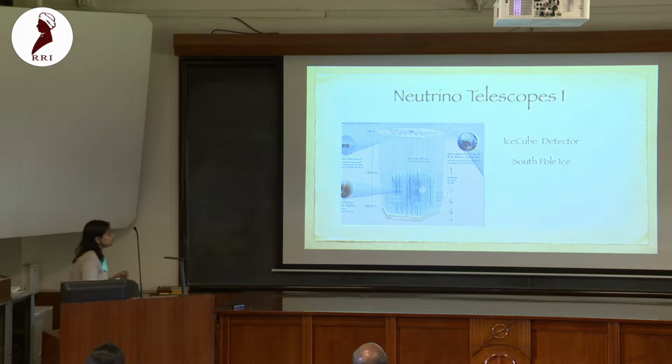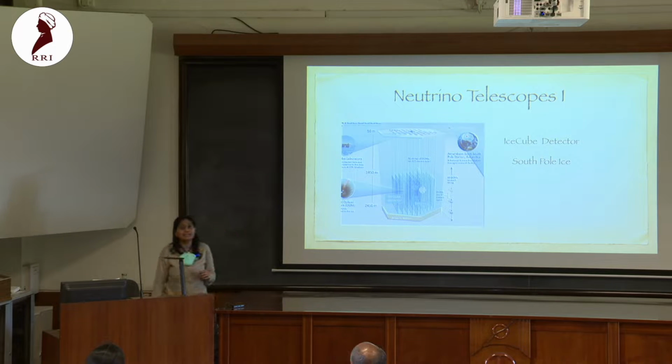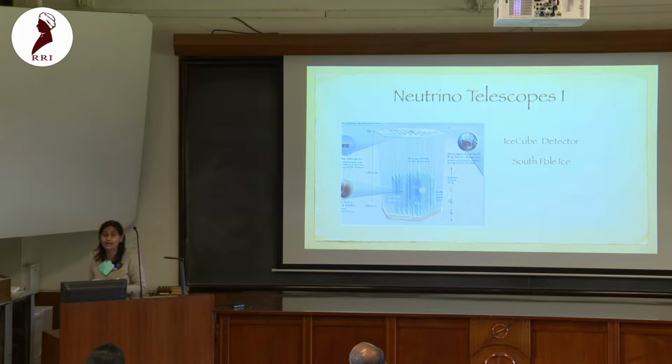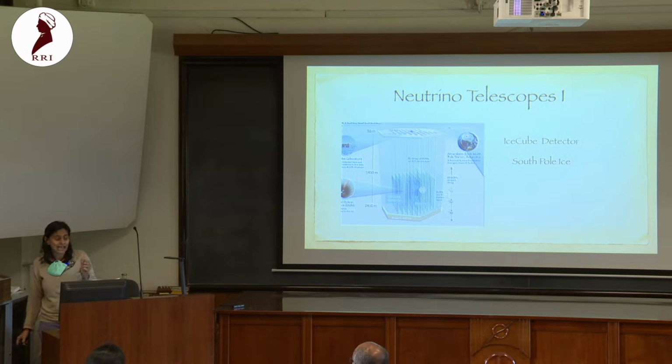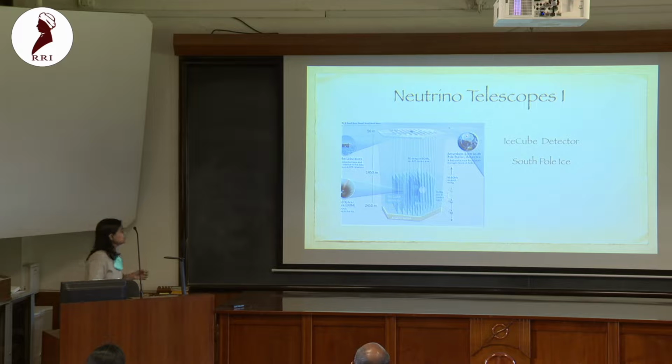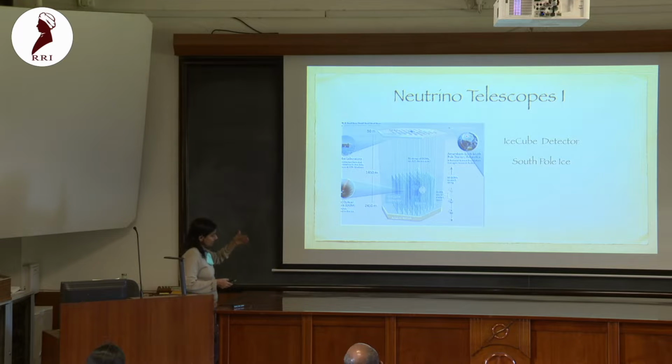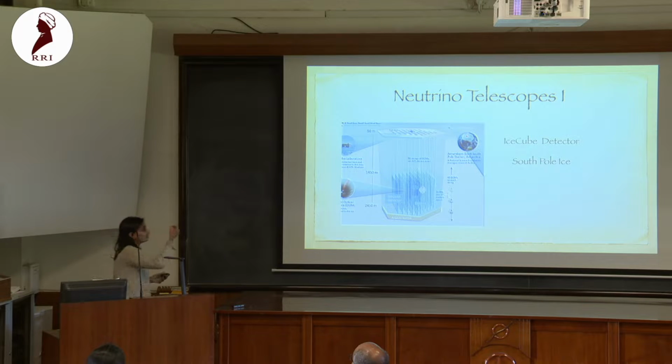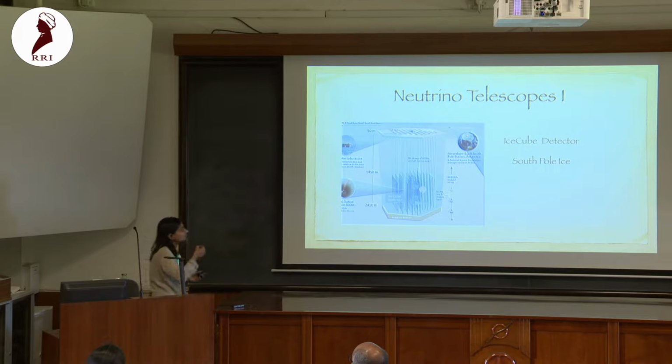This is a neutrino telescope called IceCube. It is built at the South Pole, where you get very pure ice, and this IceCube detector is placed 2 kilometers under the ground level. There are strings with photomultiplier tubes which detect the Cherenkov radiation from fast moving particles.